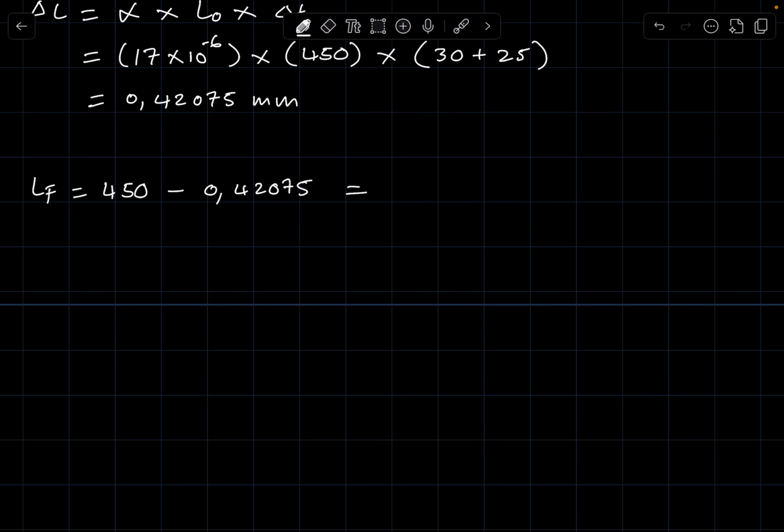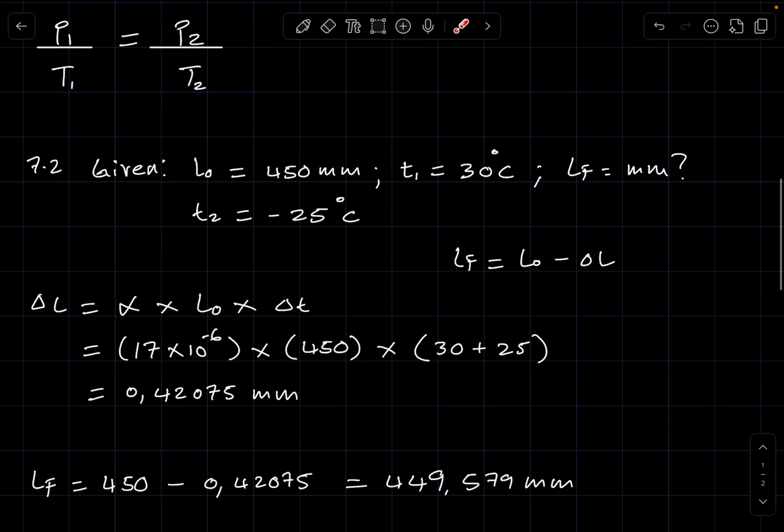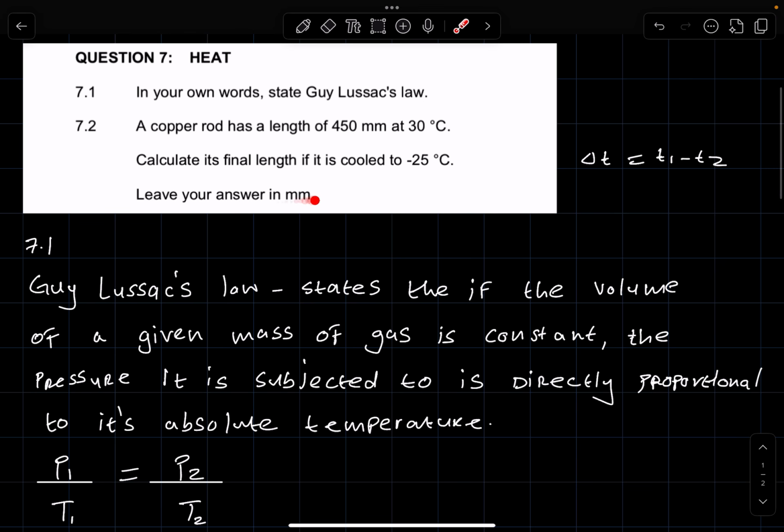Let's see what we get here. So this will be 450 minus 0.42075, and then the final answer you round off to 3 decimal places. So this will be 449.579. This is in millimeters, so we leave it in millimeters. Why? Because we were told to do so.